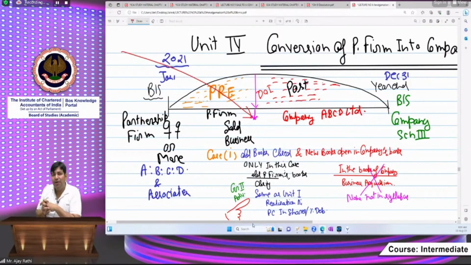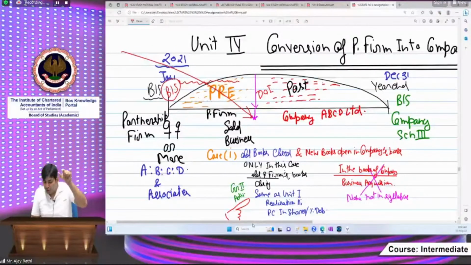Yes, but sometimes what happens is the question gives you the balance sheet of an earlier date and gives you some transactions, and then says calculate the balance sheet of this date yourself, and then start the question of sale to a company.